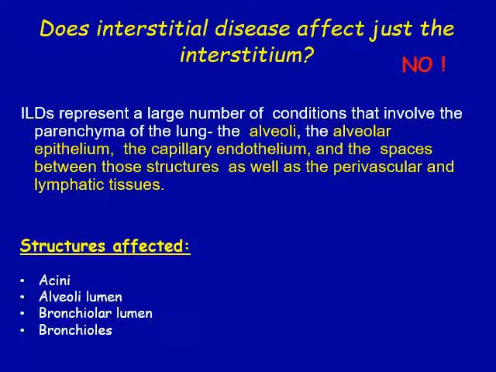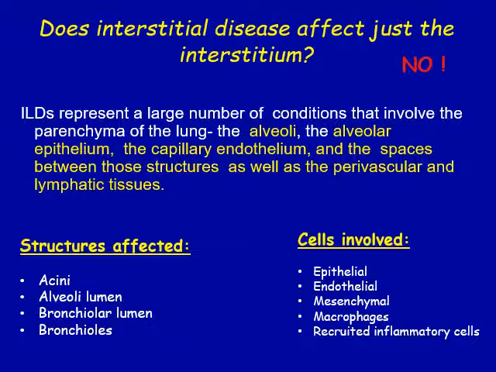So the structures which are affected, as I mentioned, are the acini, which is composed of the respiratory bronchiole and the alveoli, the alveolar lumen, alveolar membrane, bronchiolar lumen, and the bronchioles. And the cells involved are epithelial cells, endothelial cells, mesenchymal cells, macrophages, and some inflammatory cells.